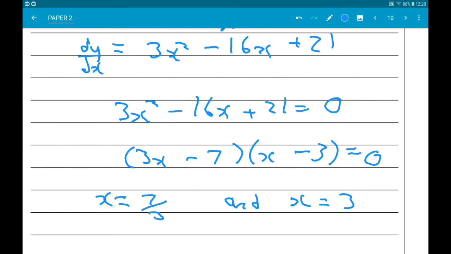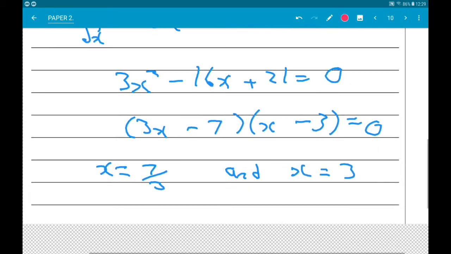Okay, so before we worry about their nature, let's find the y coordinates. To do that, we're going to use the bracket form of the function.